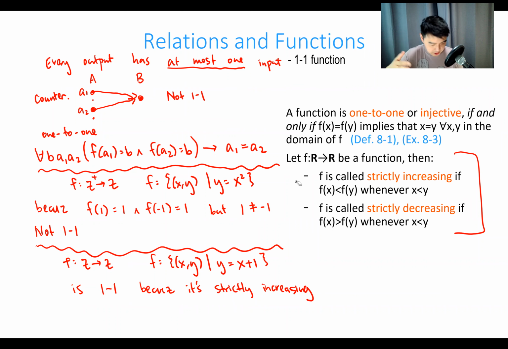The relationship is still y is equal to x squared, but this time, is it one-to-one? I hope you can see that there is now going to be no situation where we have one output coming from two different inputs. So if I simply change the domain to Z plus, this function becomes one-to-one.